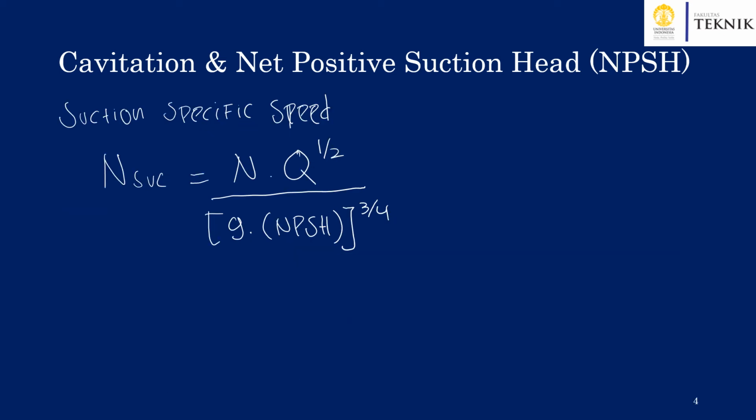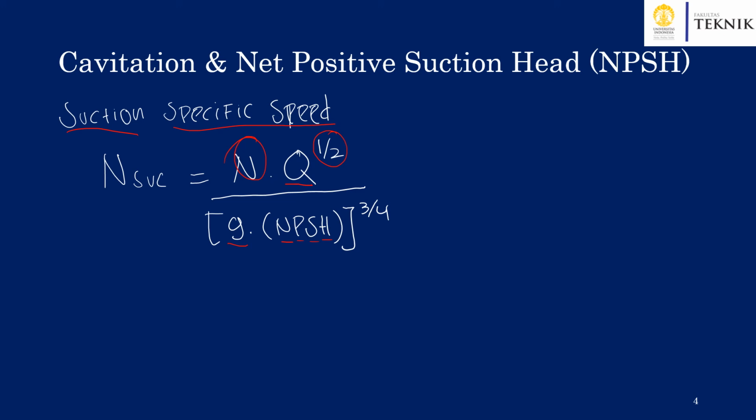Another parameter that we need to look at to avoid cavitation during the operation of a pump is the specific speed at the suction of the pump, and it can be estimated as the rotational speed multiplied with the flow rate to the power of 0.5, divided by gravity multiplied with the net positive suction head to the power of 3/4.